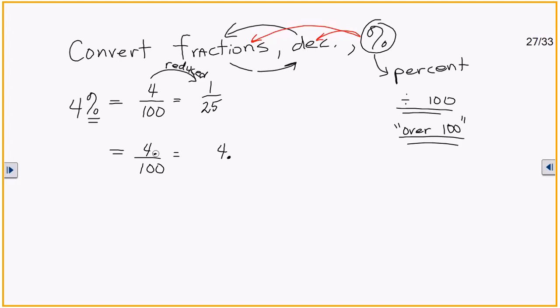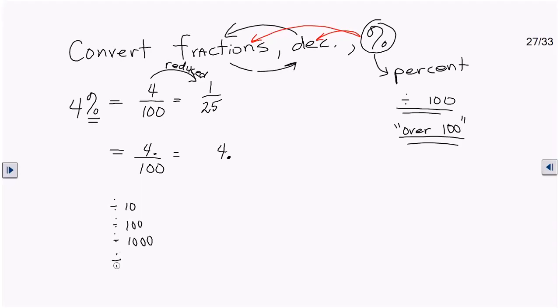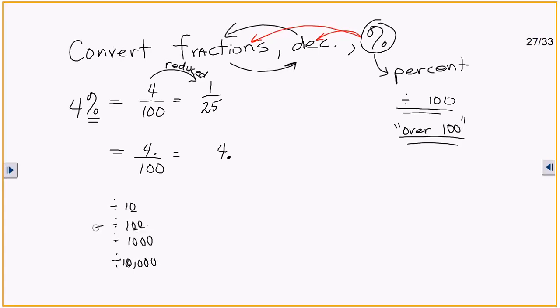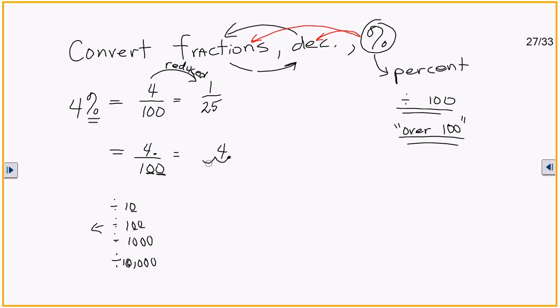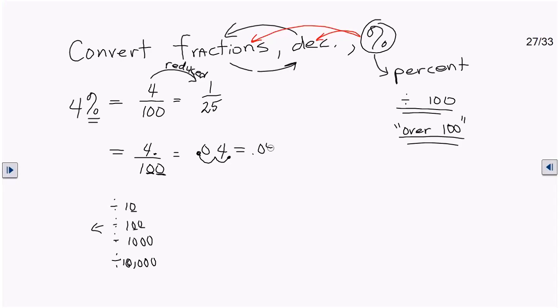When you divide by 10 or 100 or 1,000 or 10,000, there's a trick. You count the number of zeros and you move the decimal to the left that number. So I've got 2 zeros here. So I move the decimal 1, 2. So 4 over 100 changes into 0.04.